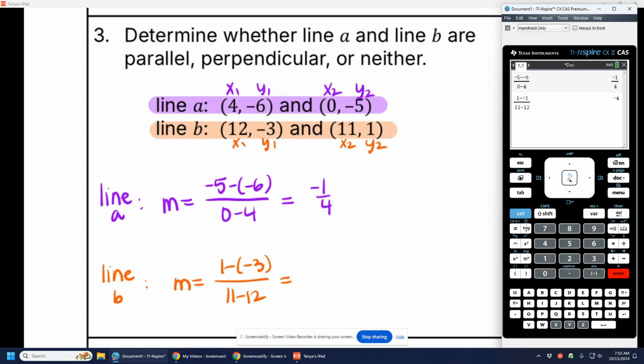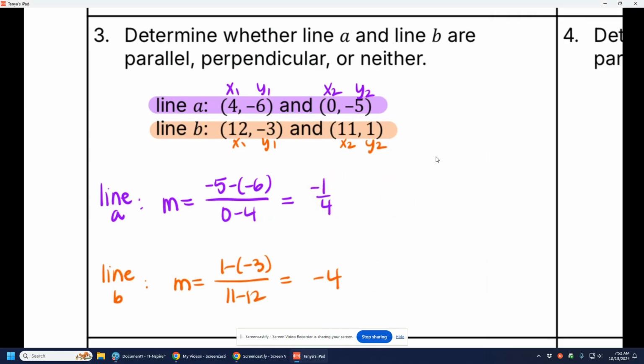And that gives me -4. So they are reciprocals. 1/4, if you were to flip it over, is 4/1, which is what that one looks like. But they're not opposite, they're both negative. So that would mean that these lines, they cross, but they're not going to be parallel or perpendicular.